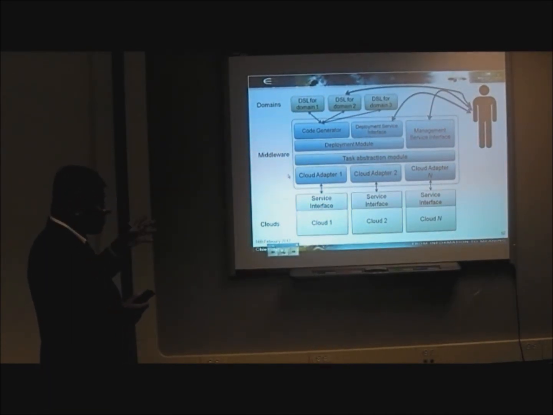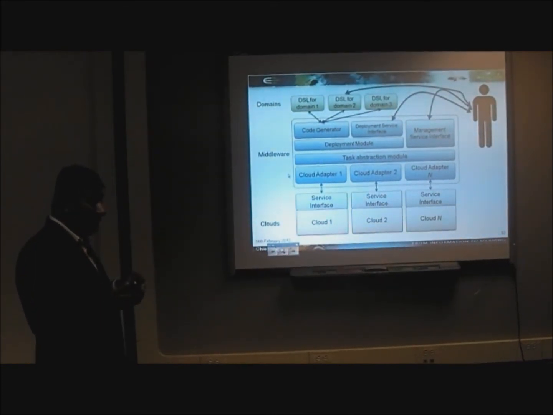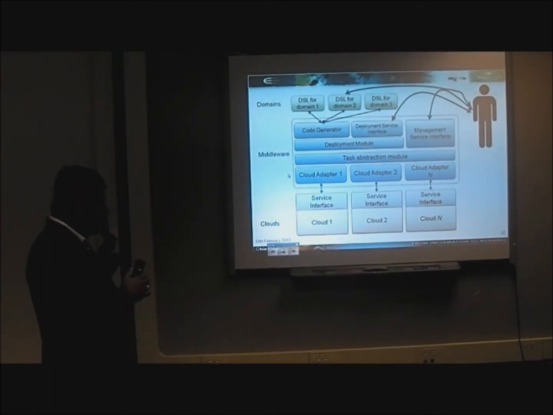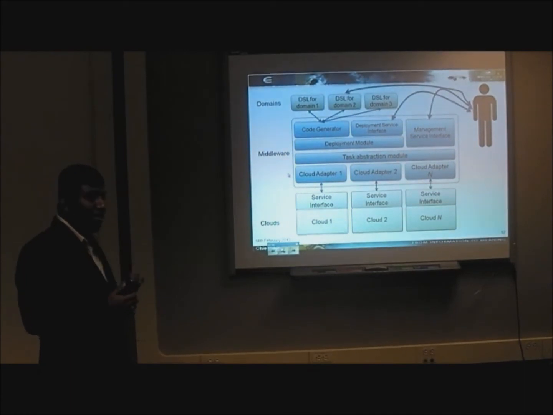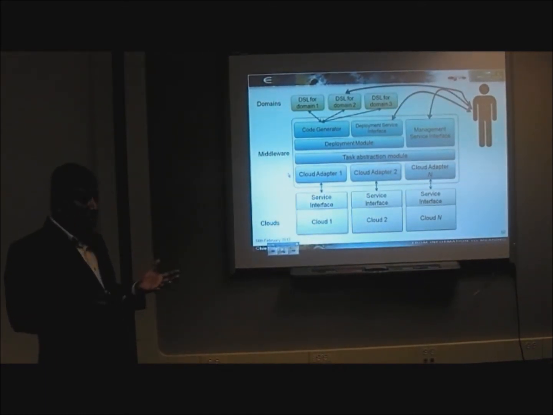Now, if you integrate the code generator with the middleware, users will be interacting with the DSLs, which are their domains, the deployment and the management interfaces. There's no talk even of the cloud. The cloud is all beneath. So there's no consideration of, what if the APIs are different? It's not a problem. So users don't see it.